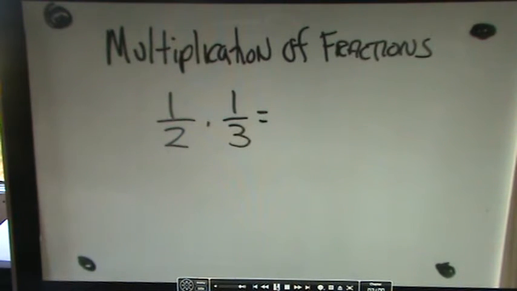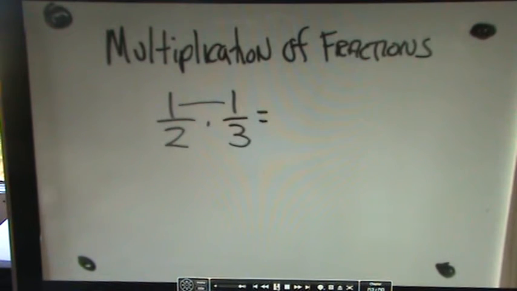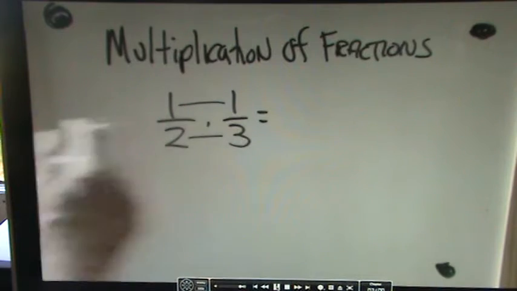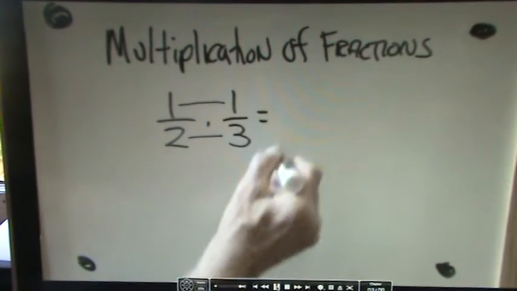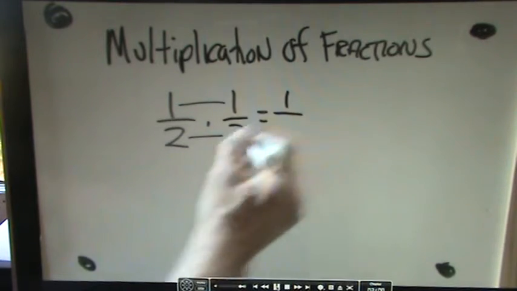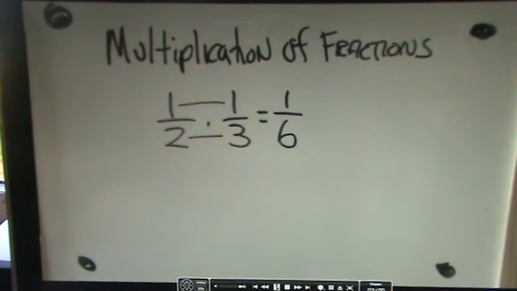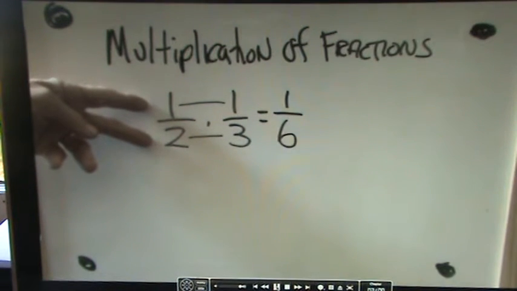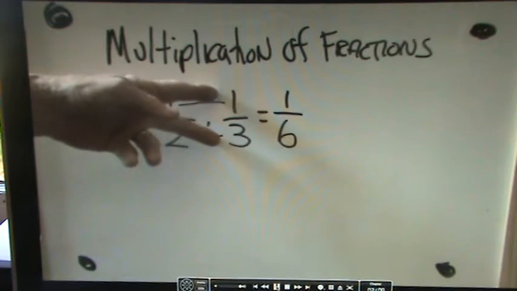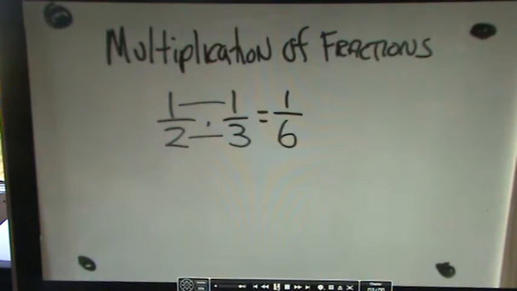All you do in multiplication of fractions is you multiply the two numbers in the numerator, the two top numbers, and you multiply these two numbers. So 1 times 1 is 1. 2 times 3 is 6. So if I multiply 1/2 times 1/3, the answer is 1/6.